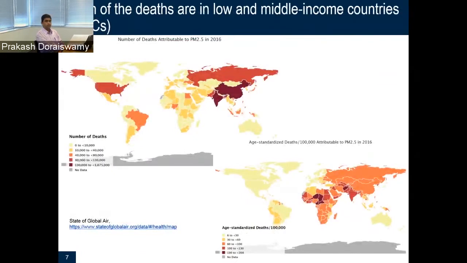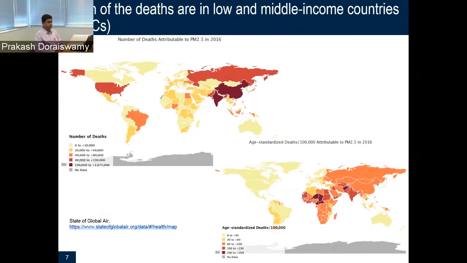Now, when we look at how this early mortality is distributed spatially, you can see that on the top left of the map here shows the absolute number of deaths, while on the bottom right, it shows the same number of deaths, but normalized by population, so per 100,000 people.